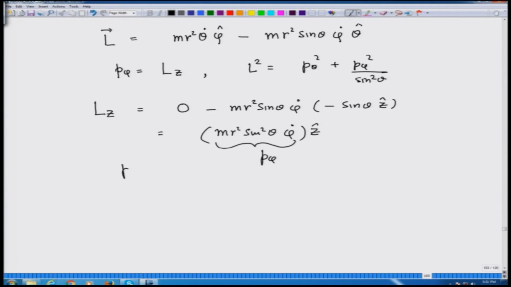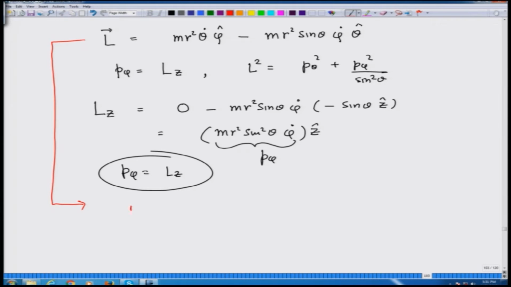So, what I have shown you is p phi is nothing but Lz, and from the expression for L, which is m r squared theta dot phi minus m r squared sin theta phi dot theta, I can write this as p theta phi minus p phi over sin theta theta.